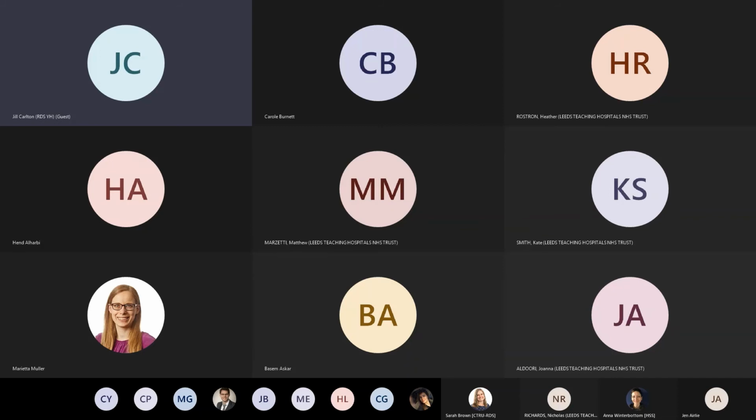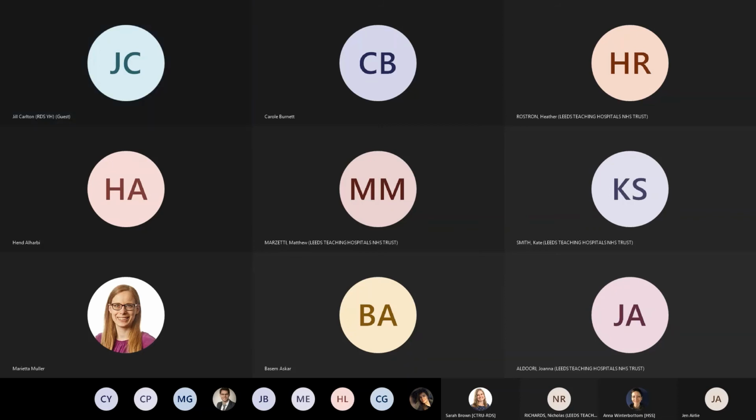I would identify them and discuss it with your RDS advisor. If you are in any doubt about any of this, you can contact the NIHR Academy. There's an email address on the NIHR website, and you can check with them specifically whether something would be okay to include.